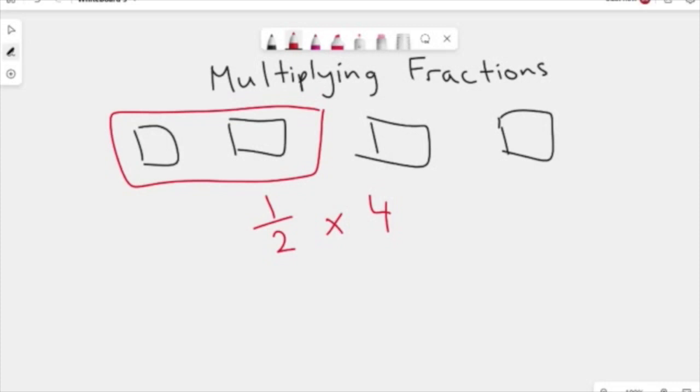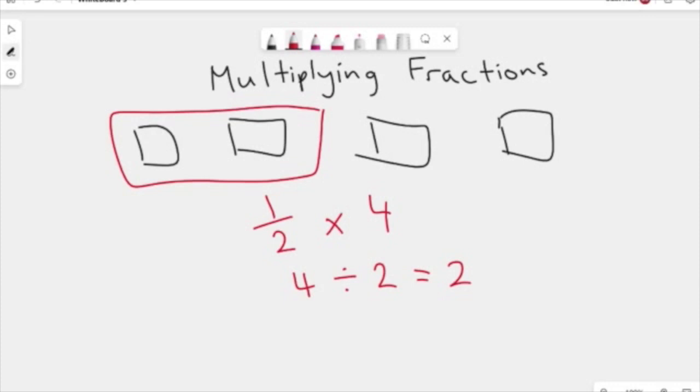But we found that this was essentially equivalent to the four divided by the reciprocal of this number. So the fraction flipped over, which gives us 2 over 1, which is just 2, because 2 divided by 1 equals 2. And we eventually got our answer.